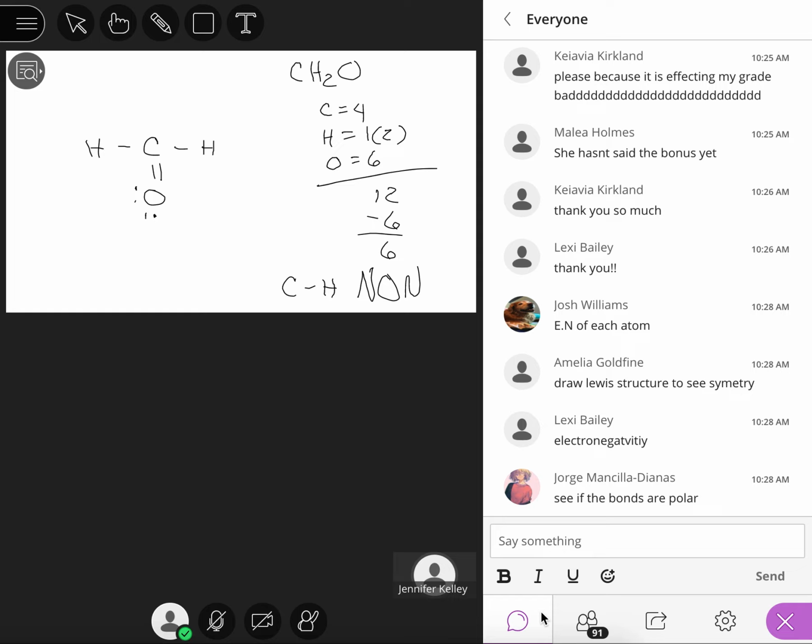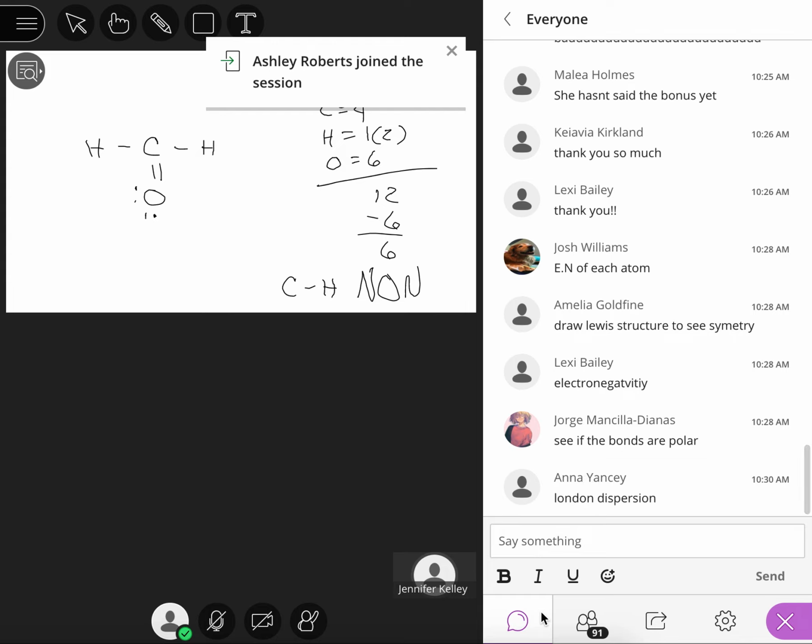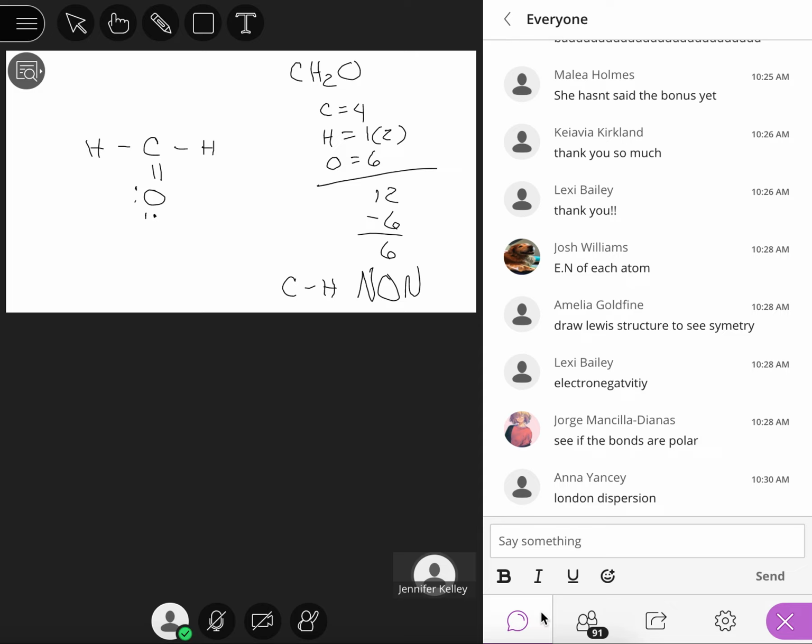So you can look at the carbon hydrogen and just go, not really polar, but you can still draw arrows for it, you know. But the main thing that we would be looking at is we're going to look for symmetry. And when I say symmetry, we're going to look to see if everything around it is the same.